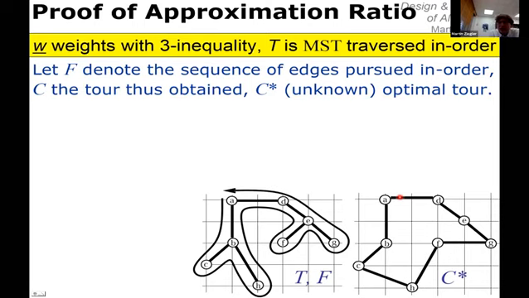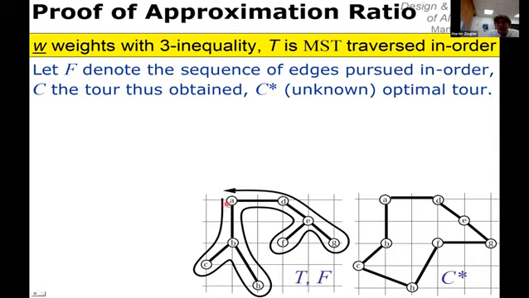That's the set of edges, the sequence of edges visited by the traversal. So T is the minimum spanning tree with these edges A, B, C, B, C, B, H, A, B, and so on. And F is the sequence of edges as they are traversed by the tree traversal.